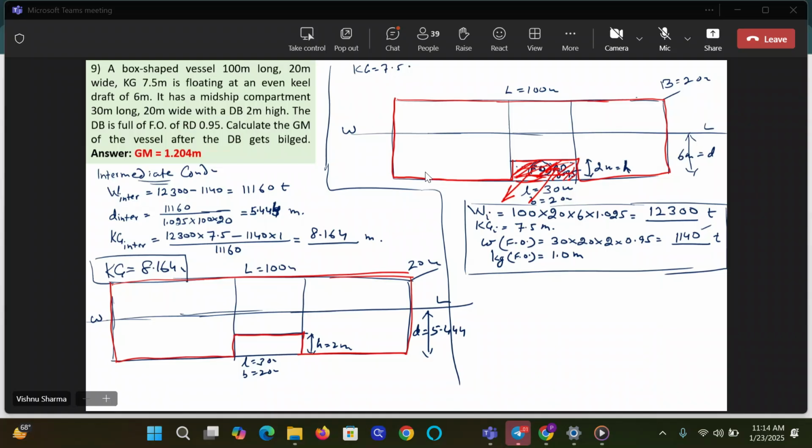And if the dB in the intermediate condition is also bilged, this will be the lost buoyancy again, filled with seawater. Correct, sir. Now, when in both the cases the dB is filled by seawater because of the bilging, are both conditions the same now, or is there any difference left after bilging?